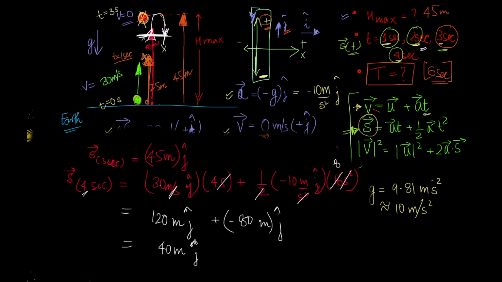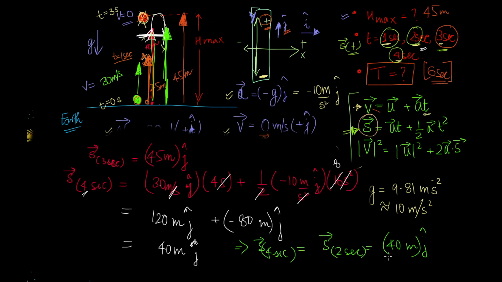So now, the vector that represents its total displacement would again be the same as what we had at 2 seconds. So that would be the same vector of 40 meters pointing vertically upwards. So therefore, s of 4 seconds vector is exactly identical to s of 2 seconds. They are both 40 meters, and they both point in the positive j direction. So that is how you would make sense of that.